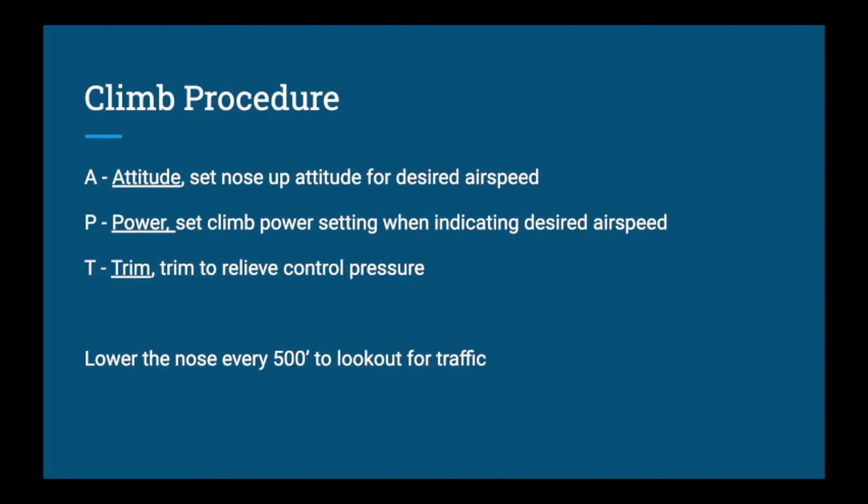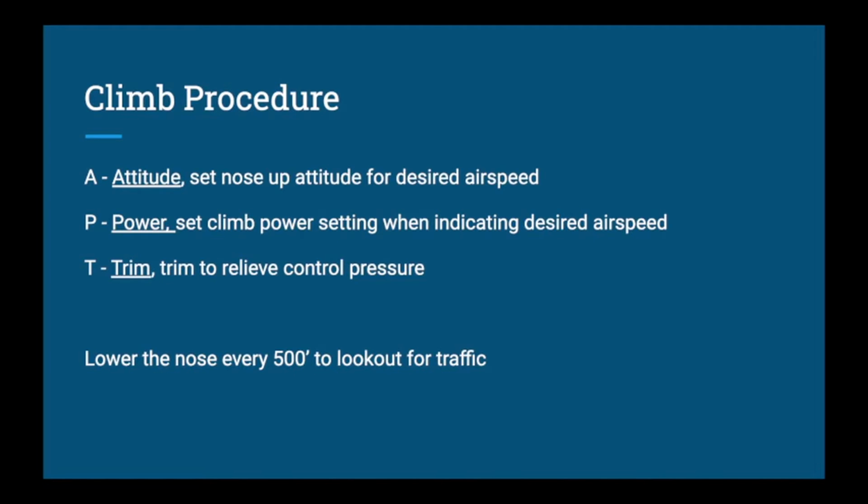Now the procedure to enter each of them is the same. We use the acronym APT, which stands for attitude, power, trim. For the attitude, you want to set the nose up for your desired airspeed.